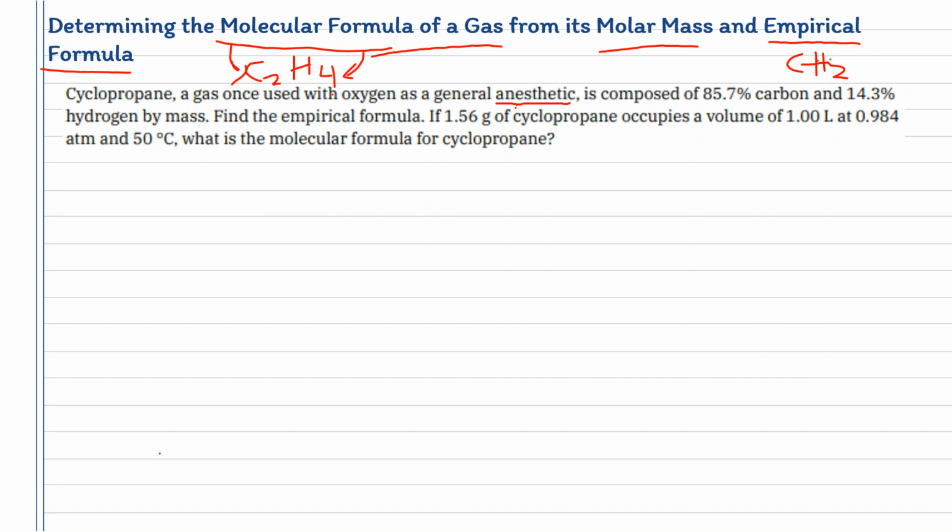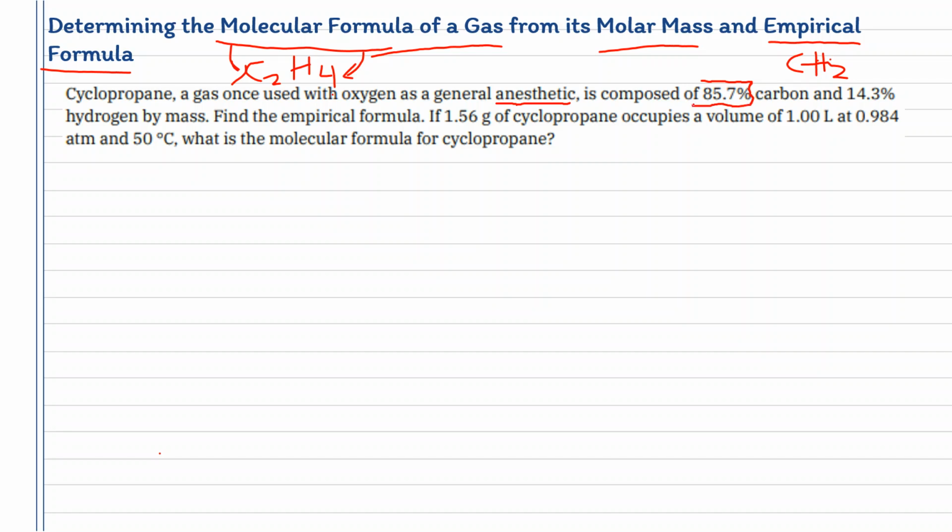But basically, we're saying that this anesthesia, some time ago, was composed of cyclopropane used together with oxygen. So it means all your learning is not abstract. Okay, great. So this anesthesia is composed of 85.7% carbon.